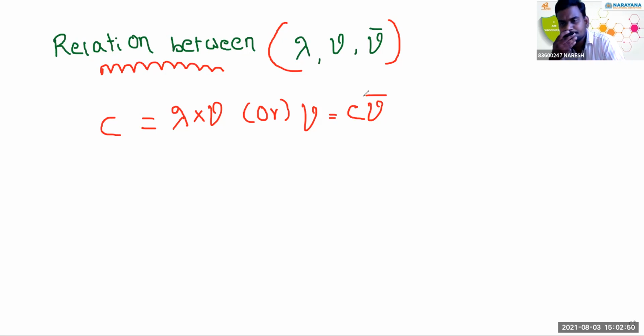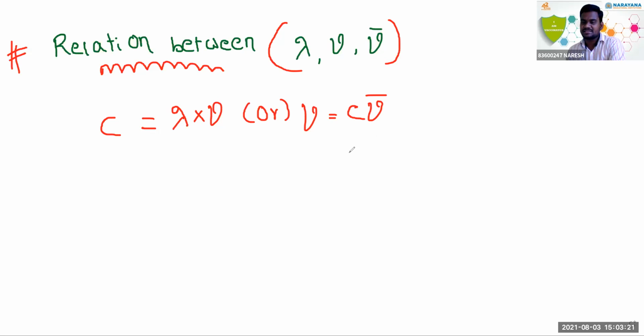What is c? Speed of light. So c is equal to lambda into nu, or nu is equal to c nu bar. Write down this relation, all of you.